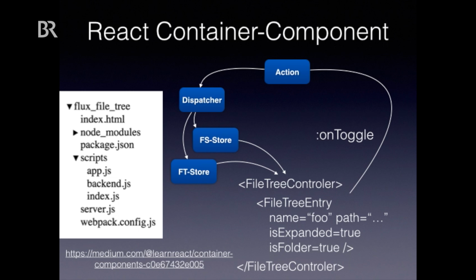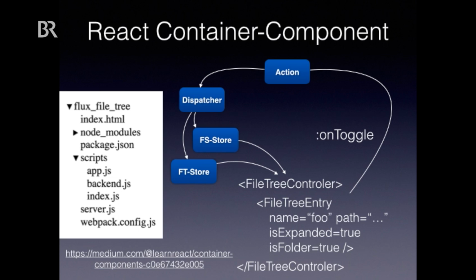The file tree entries themselves don't know how to talk to the store or anything. The data is passed in from this controller that sits outside, and that talks to the stores. Therefore, the individual file entries can be developed independently of what kind of store you use. And to glue them together, you just wrap them with another component around.